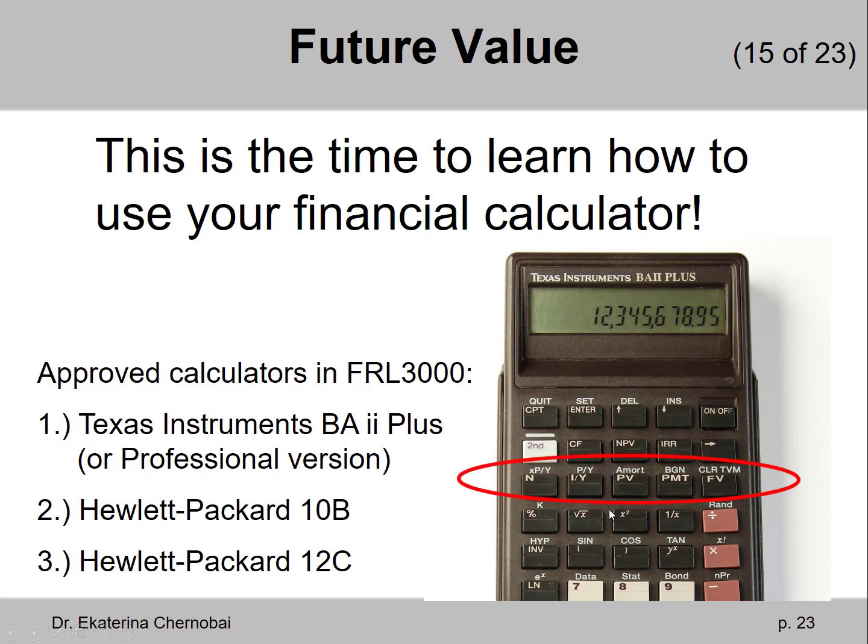What's so special about it is the buttons that don't exist in regular calculators. For example, you see in the third row the buttons labeled N, I/Y, PV, PMT, FV.